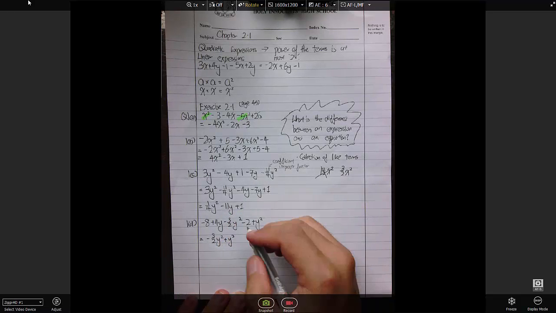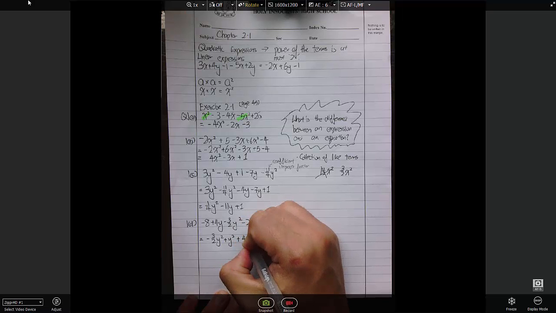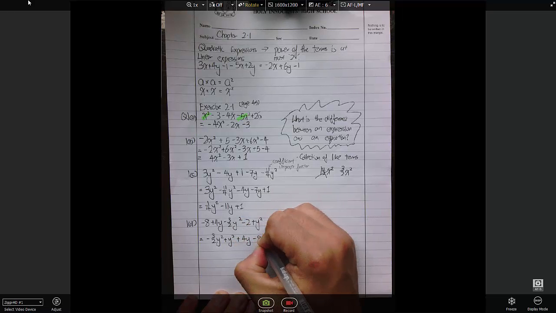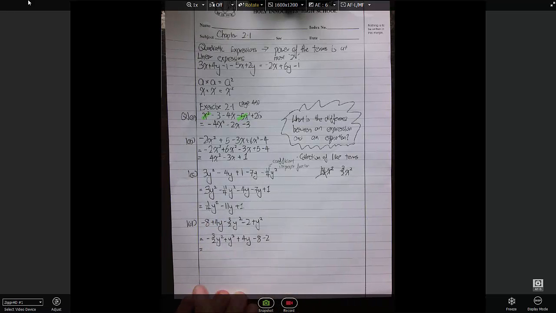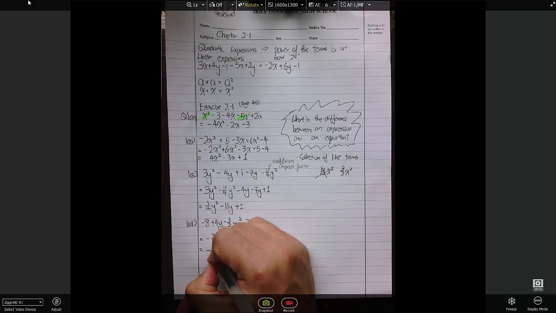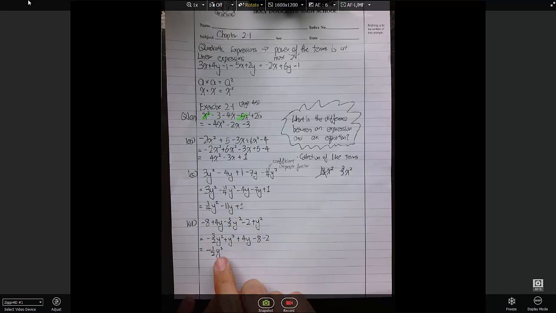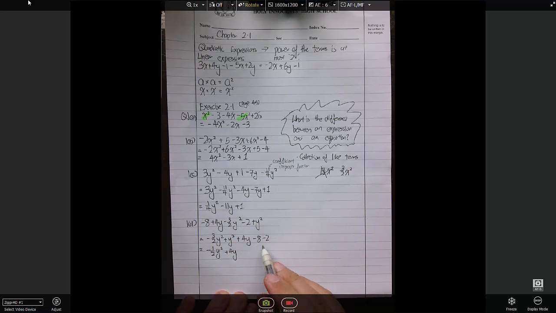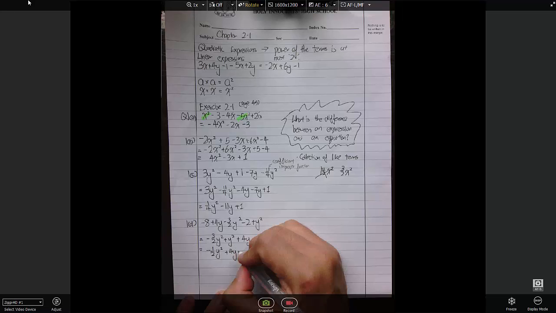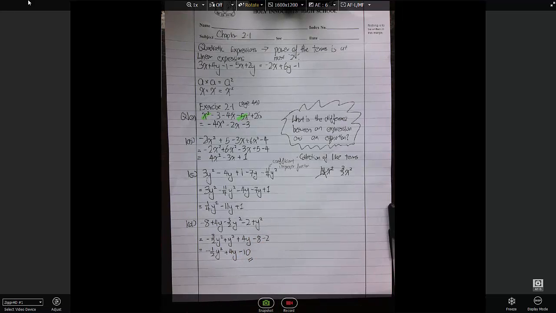Then I'll collect my terms in y. Then I collect the numbers. Negative 3 over 2 plus 1 gives me negative half y squared. 4y is by itself, so I get plus 4y. Negative 8 minus 2 is negative 10. And I have simplified the expression for 1d.